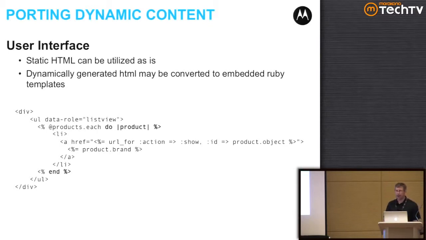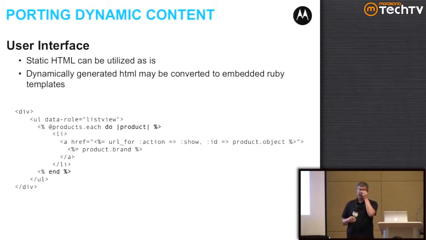So let's first talk about porting the user interface. Okay? So we've already talked about the fact that you can utilize static HTML as is. Your static HTML you can drop into the public folder. Okay? Now, dynamically generated HTML, what we would want you to do is take that and convert it to our embedded Ruby templates.